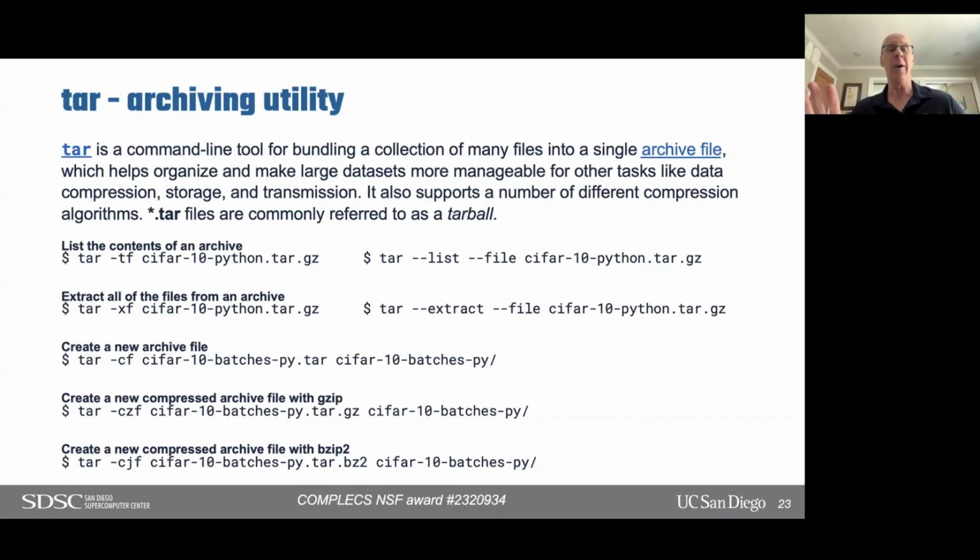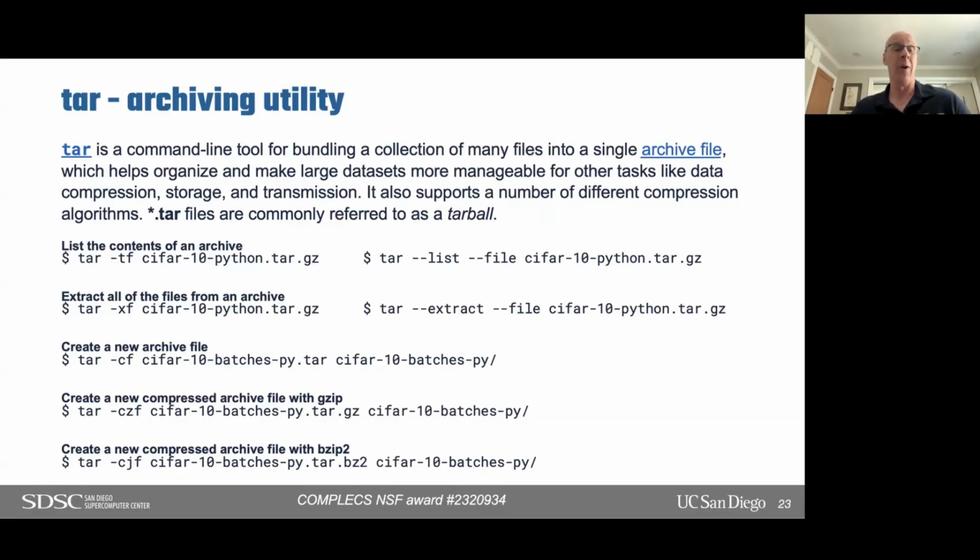We're going to talk about tar. I think a lot of you have seen tar files already. So tar is the tool for bundling a collection of many files into a single file. Some common flags: we use -t if we just want to list the contents of a file. -f indicates the file name that we're going to be working on.